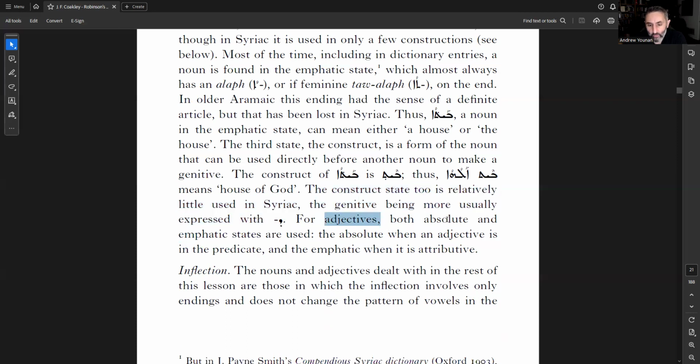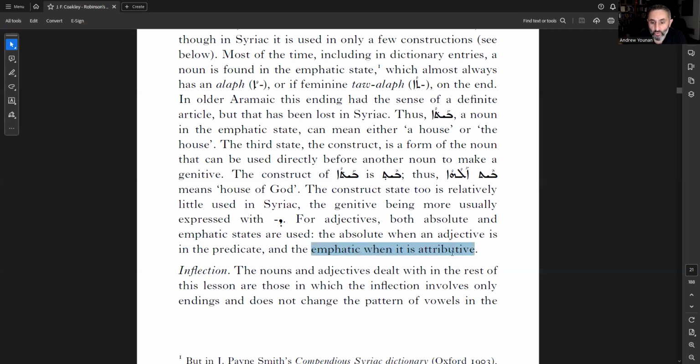For adjectives, both the absolute and emphatic states are used: the absolute when an adjective is in the predicate, the emphatic when it is attributive. You already know this. He's saying it in a kind of nerdy way. You know that when an adjective is in the normal state, Shapira, meaning beautiful. So beita shapira, that's the emphatic state.